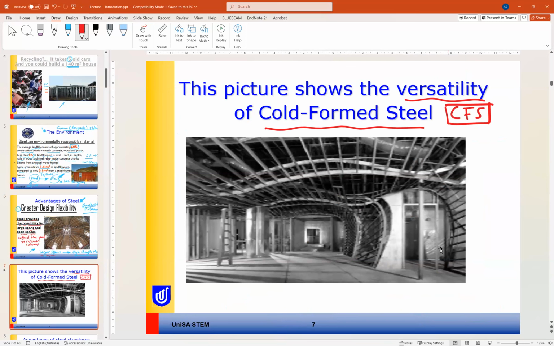As in this structure, it gives you the versatility to build with flexibility in architectural and structural designs. This is a cold formed steel structure. The cold formed steel gives you more flexibility and versatility in irregular or uncommon architectural and structural designs.